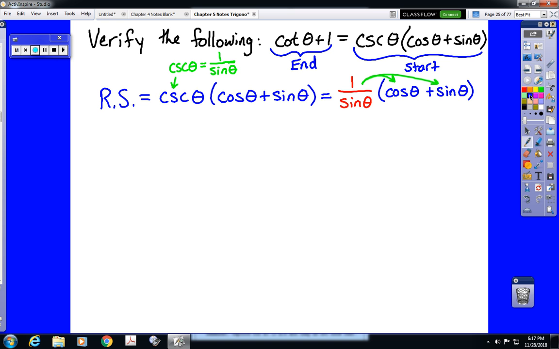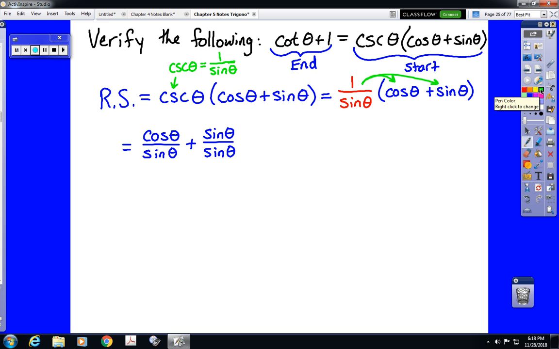So when we do that, we get cosine over sine, because that's what happens when we multiply a number times a fraction. We end up with the number, which is cosine, on top of the fraction, sine, plus sine over sine. Now this is where our recognition comes in, because at this point, we are essentially done if we realize it.